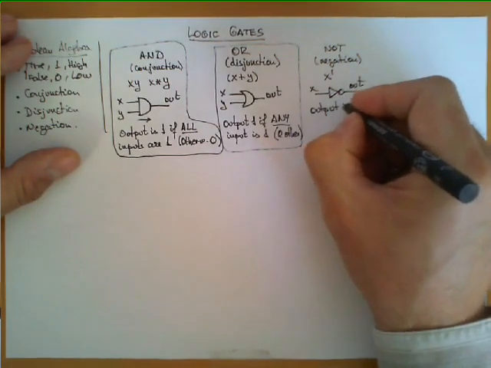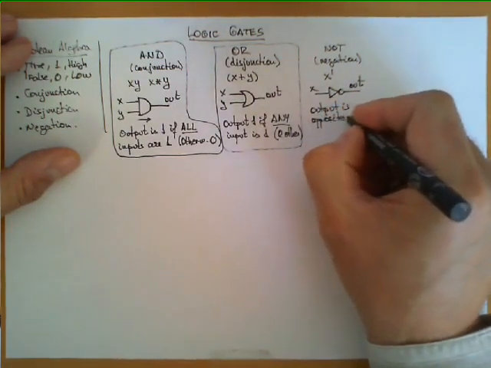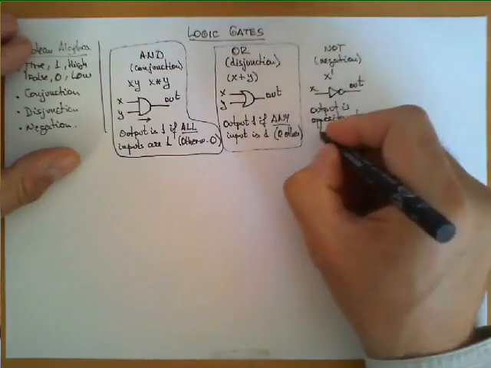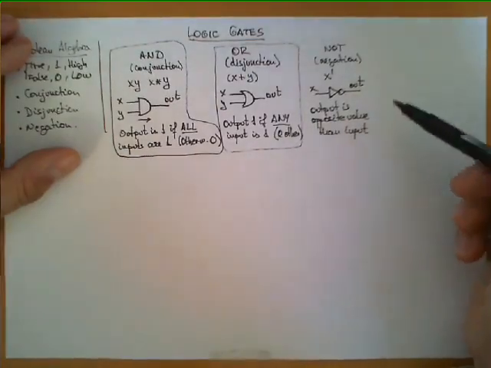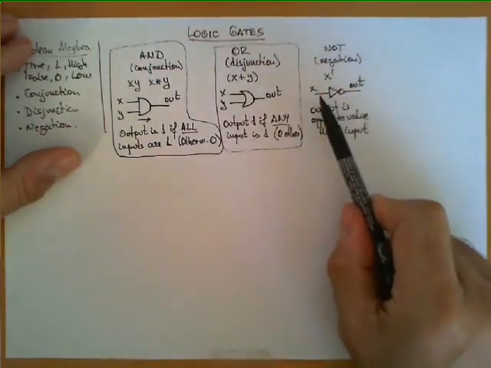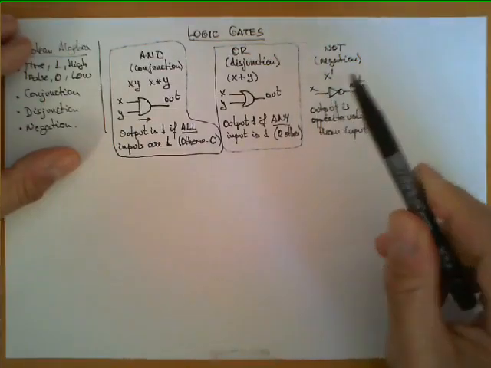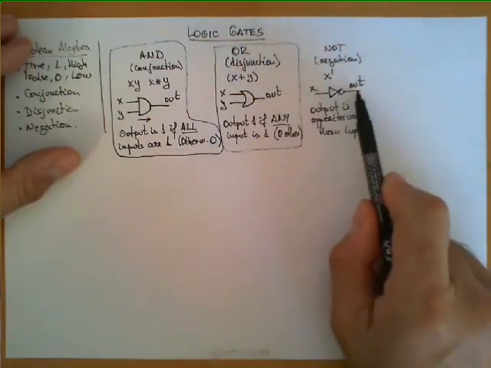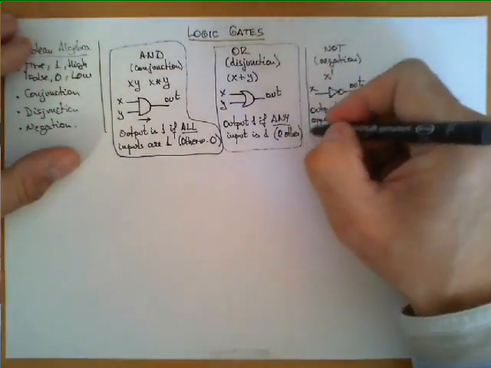The output is the opposite value of the input. So again, you can imagine this gate as sensing what kind of value is in here, and the output will have exactly the opposite. So x equals 0 will produce an output equal to 1, and x equal to 1 gives an output equal to 0.